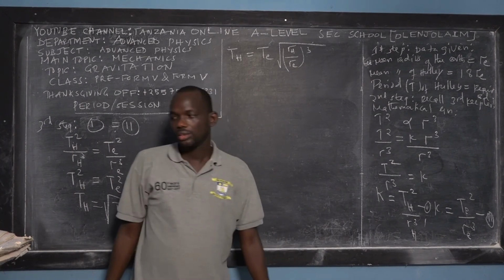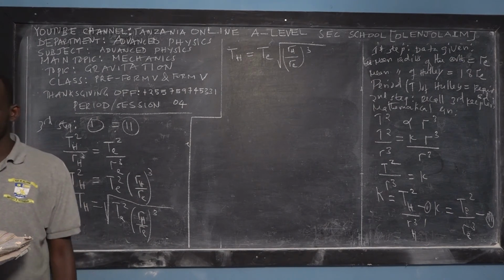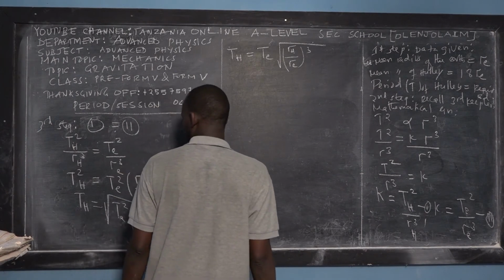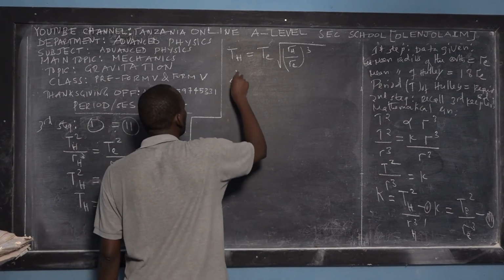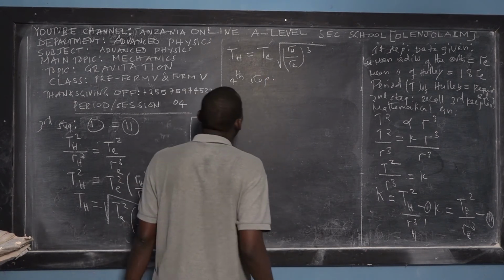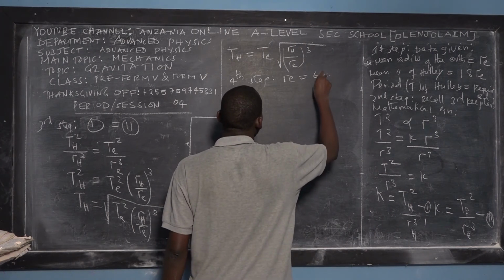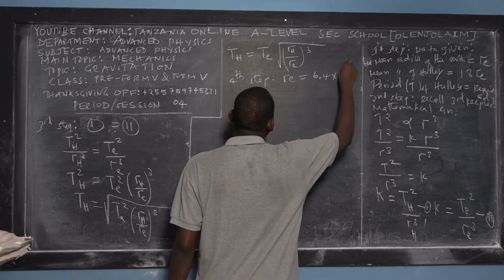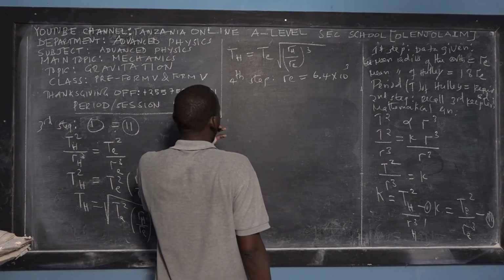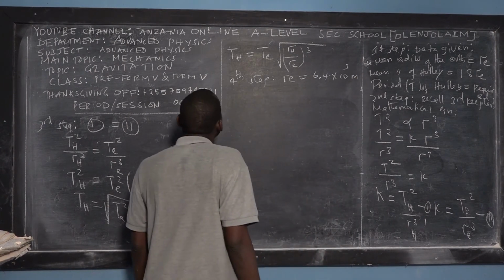Okay? And what will be the period of the S? 1 year. Period for the S to revolve around the system. Radius of the S is 6.4. Right?